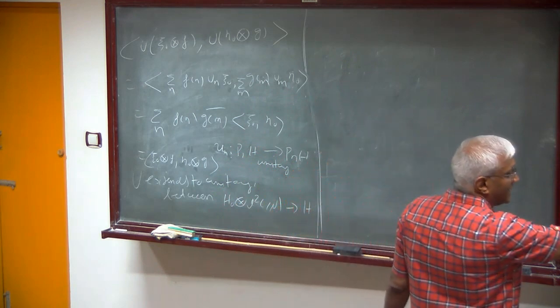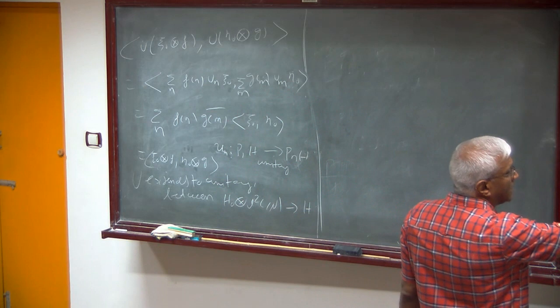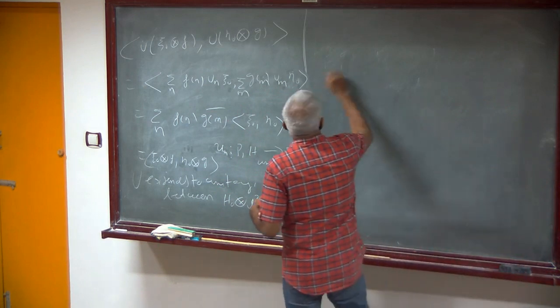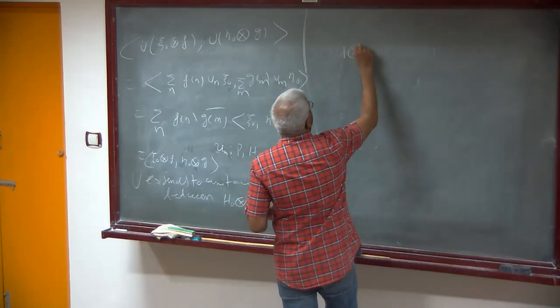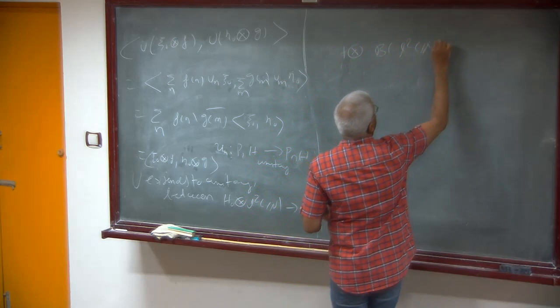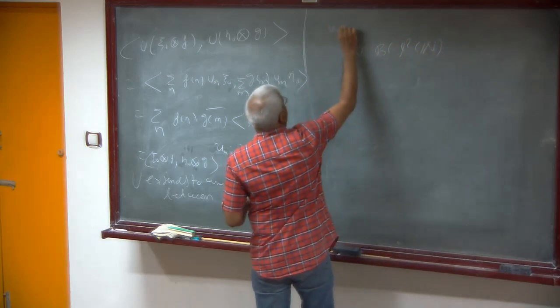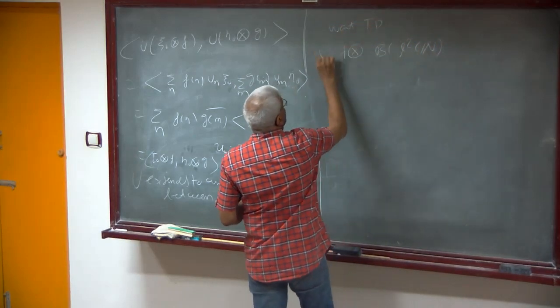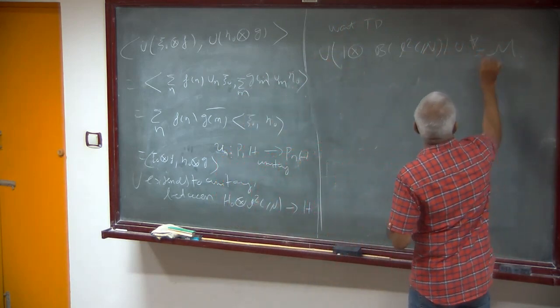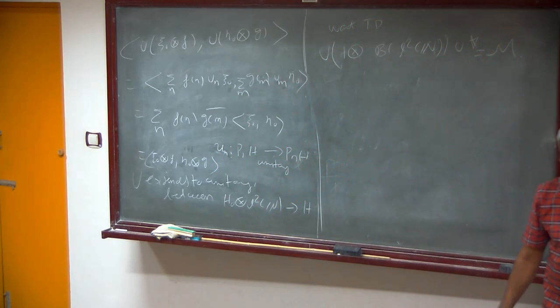It will just see what are the operators here. One tensor B of L2n you want to take. You want to prove this, U of this U star equal to m. Okay. We know m is given by all this.